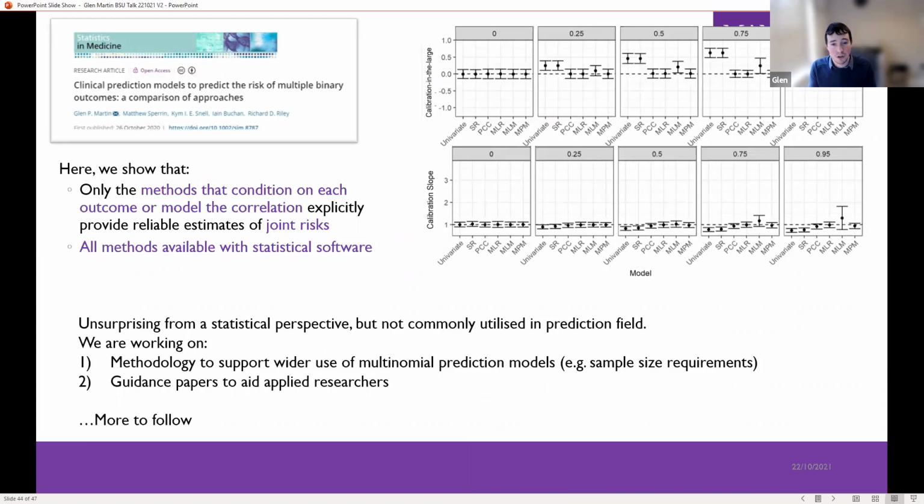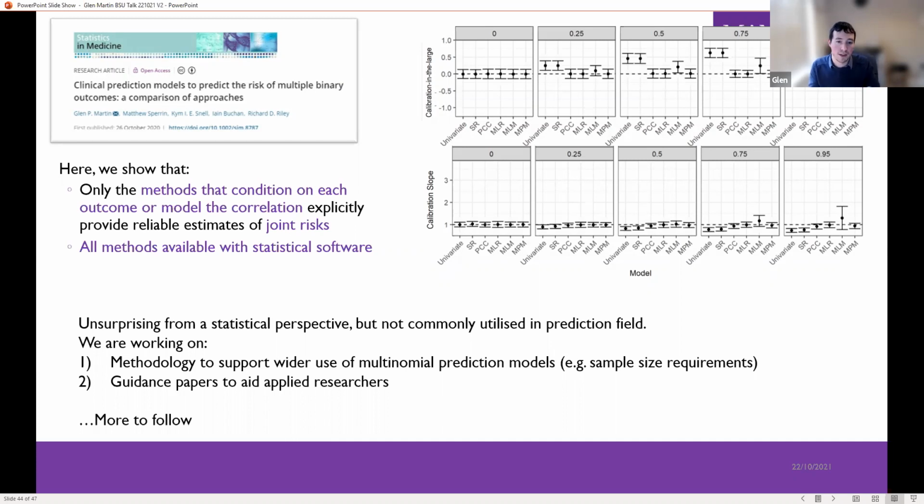In short, and probably unsurprising to a statistical audience, methods that rely on conditional independence, this idea of multiplying the marginal risks, don't work as soon as you have correlation between the outcomes. By don't work, I mean they lead to systematic under-prediction of the joint risk.